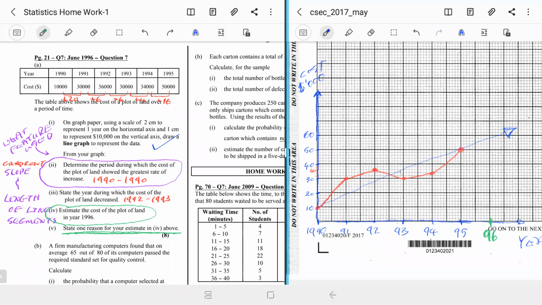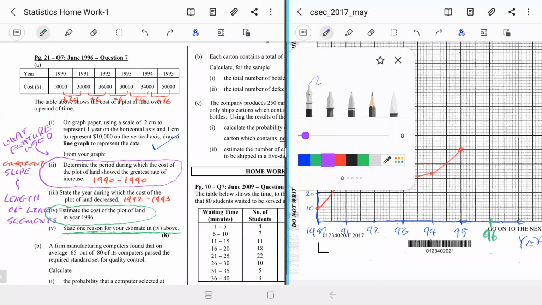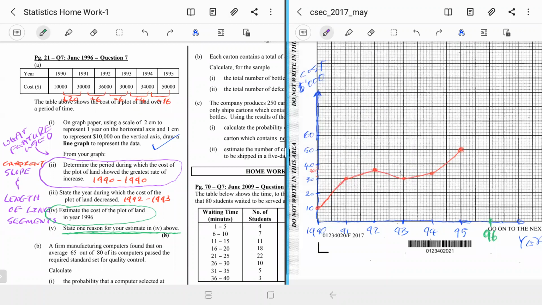But how do you estimate what the increase would be? You can determine it from the graph, and you can determine it from the values in the table as well. I wanted to pay attention to this because when this question was asked in CSEC, a lot of people couldn't do it, and they might ask something like that again. To estimate what the next value is going to be, it's very simple.